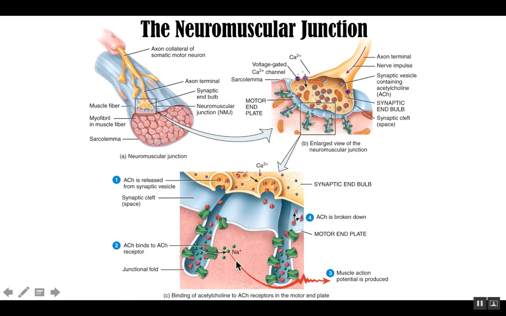That's an extremely important event. Sodium is positively charged. And when you get a lot of positive charges entering a muscle cell, that triggers what we call the muscle action potential, which is an electrical change in the muscle cell. We had one in the neuron called the neuron action potential, or nerve impulse. Here we have an electrical change in the skeletal muscle cell.